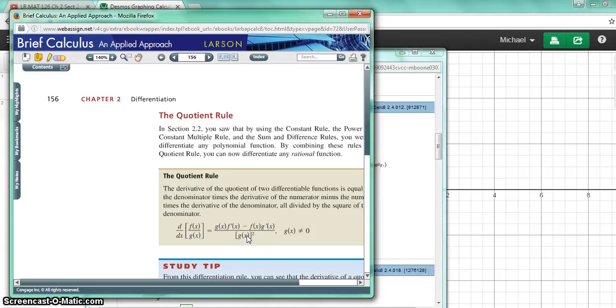I always tell students, and it's how I was taught, low d high minus high d low over low squared. That's just referencing which function's on the high side and which one's on the low side. That's kind of easier to remember: low d high minus high d low over low squared.